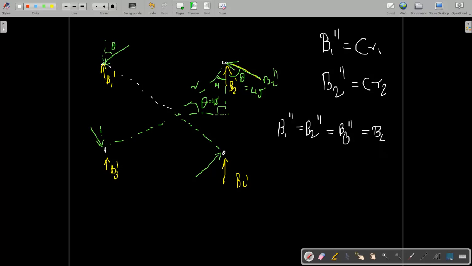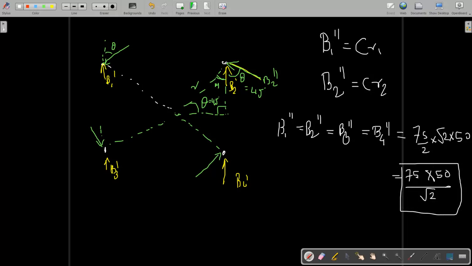Here what is the meaning of double dash? That is the secondary force, that is C, 75 by 2, and root 2 into R, R is 50 mm. So 75 multiplied by 50 divided by root 2. So this is the secondary force. Okay, why I am not cancelling root 2 or multiplying, you will get later.